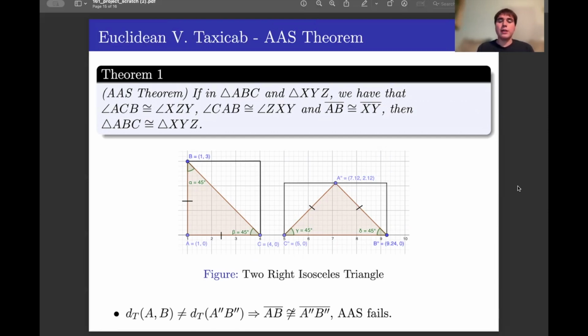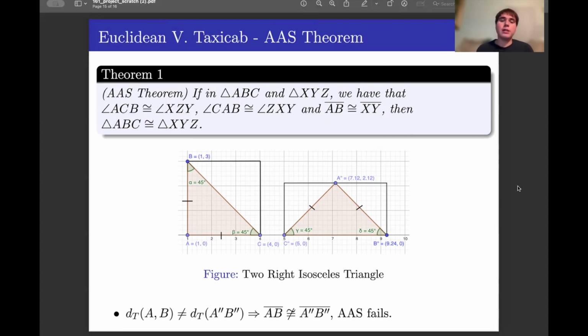But recall that from the previous axiom, the reason it failed was because the distance between A and B is not equal to the distance between A double prime and B double prime. And so, once again, this theorem fails to hold in the taxicab metric, as the two distances do not equal each other, and thus both line segments cannot be congruent to each other.